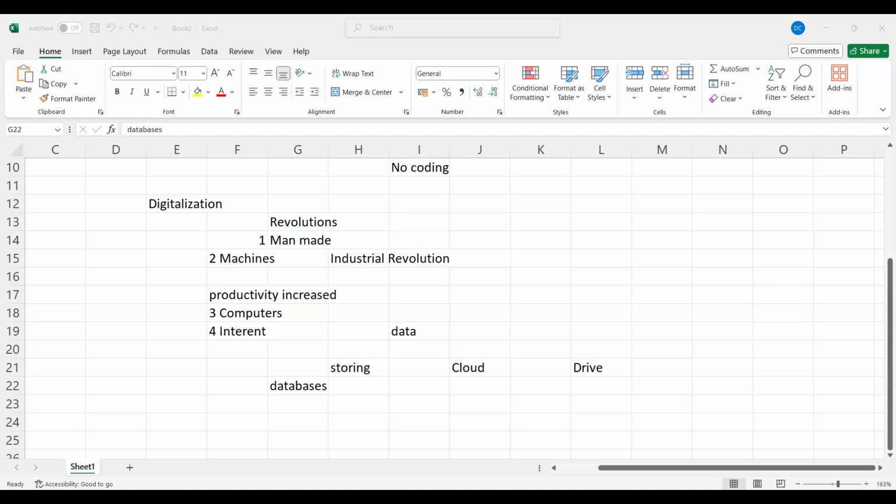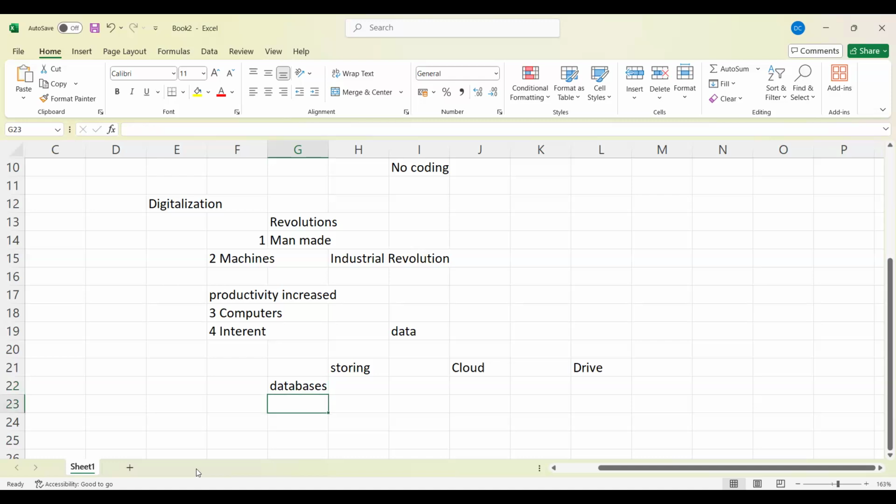Whatever applications we use, smartphone apps or online shopping, everywhere we store the data in the form of databases only.